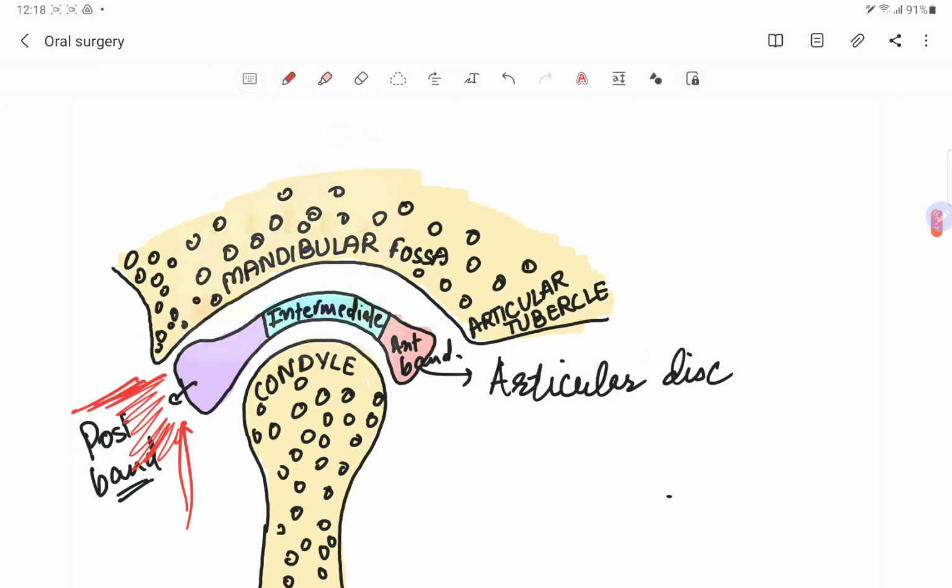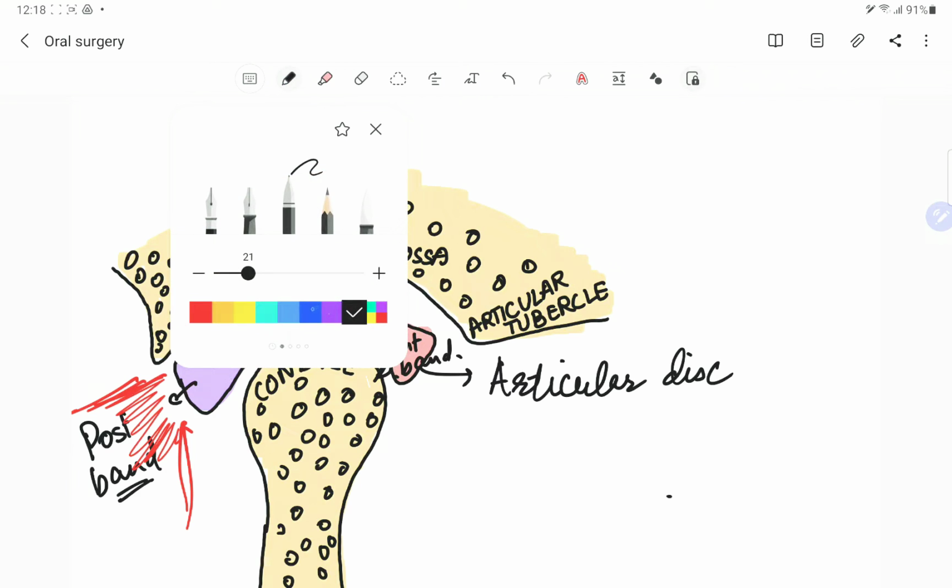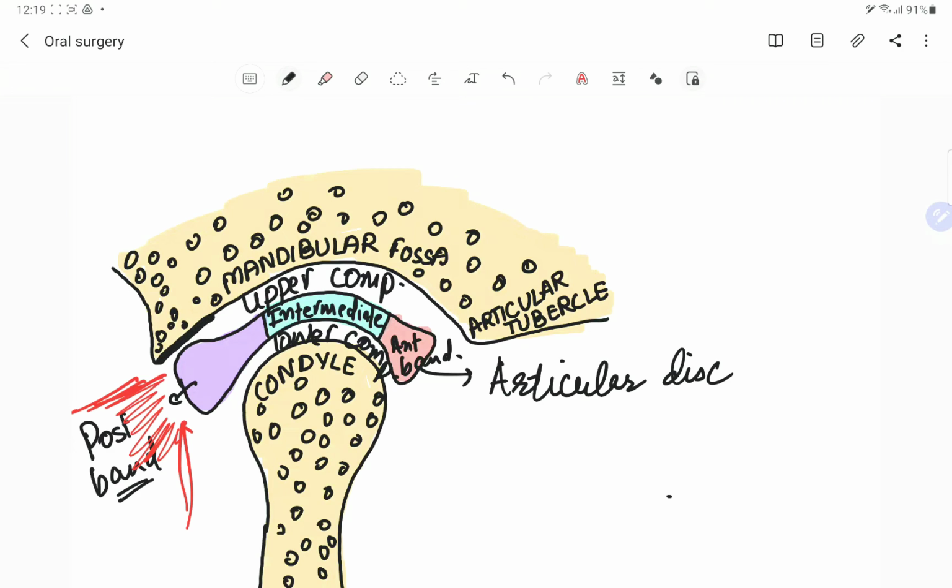First of all, there are two compartments which we have already covered in the previous part. So this is the upper compartment, the upper joint space, and then we have the lower compartment, which is the lower joint space, right? The upper compartment is involved in the translatory motion.